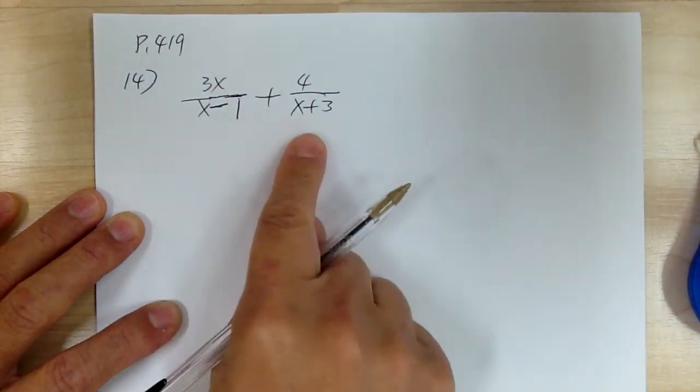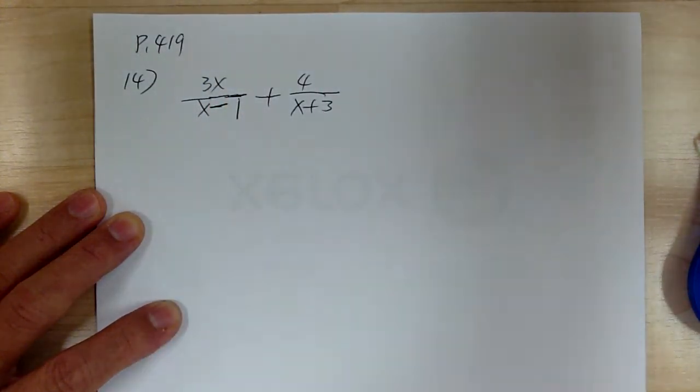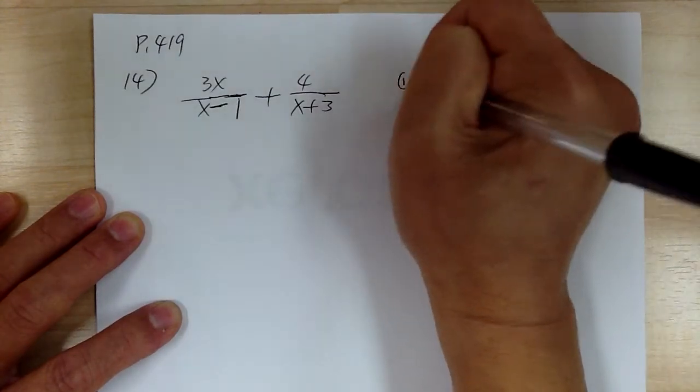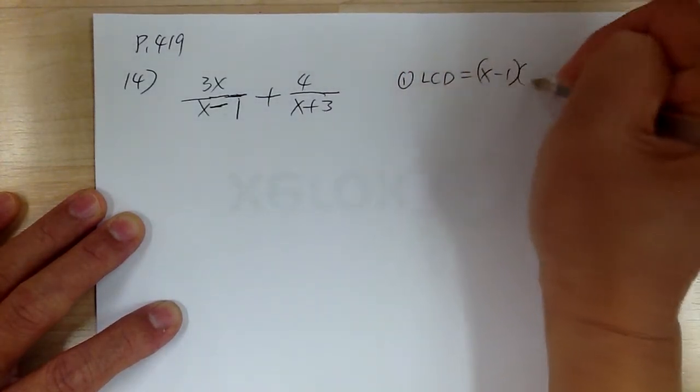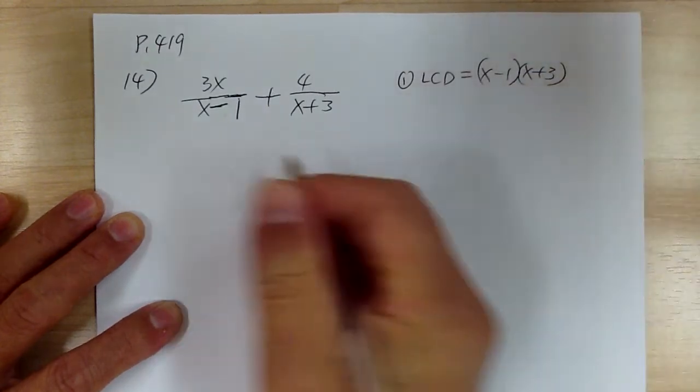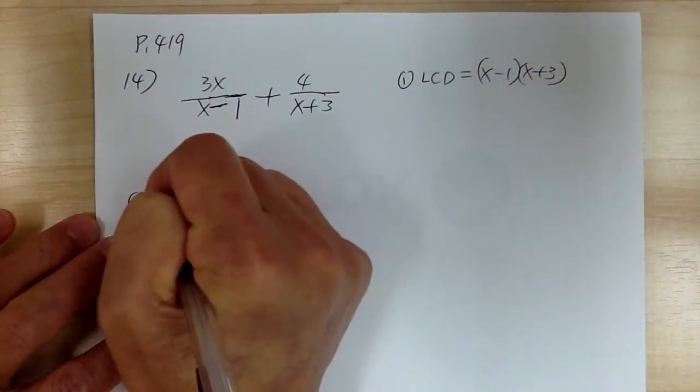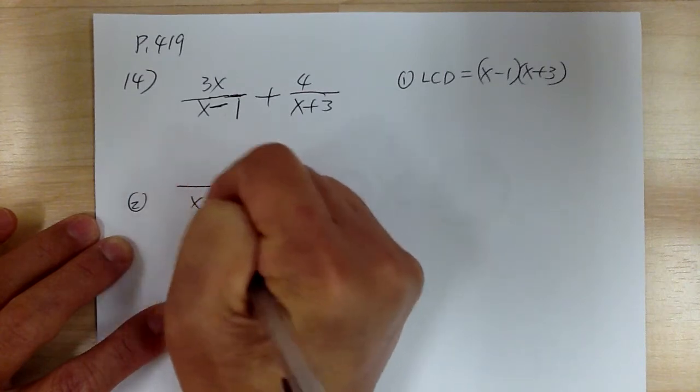So check common denominator, no. So you have to figure out your common denominator. So step 1, get your LCD. So it'd be x minus 1, x plus 3. So you do the step 2. The step 2 is get your LCD.